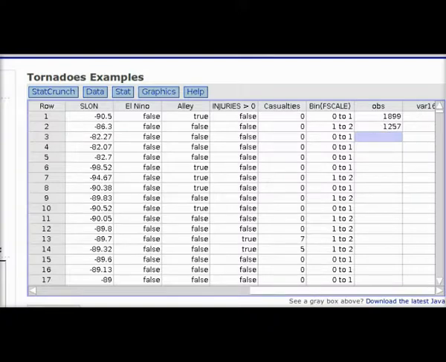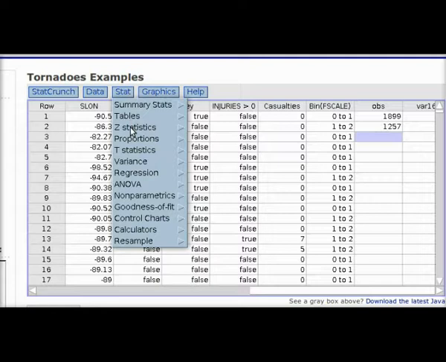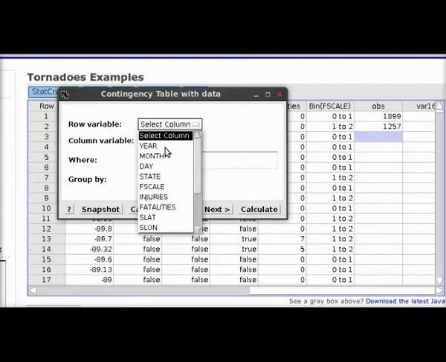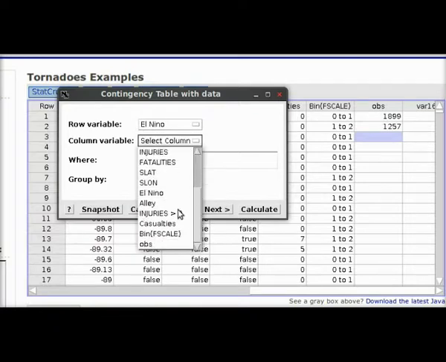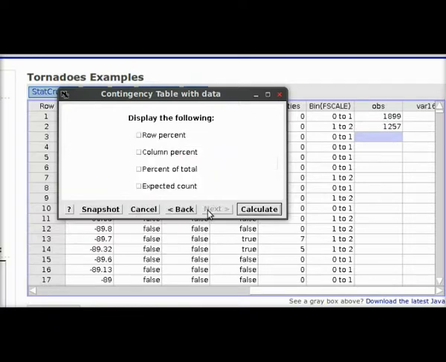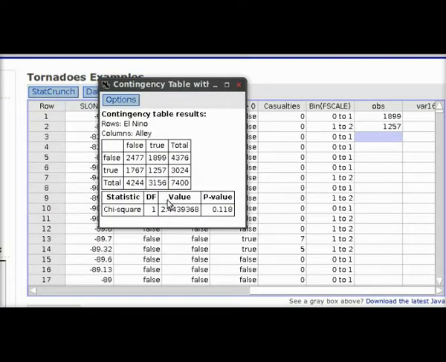So if I go back to closed out, create this again. So I've created a table again, and I'll also pull the total here because that'll be useful in a moment. I know how many tornadoes for non-El Nino years, how many tornadoes for El Nino years.